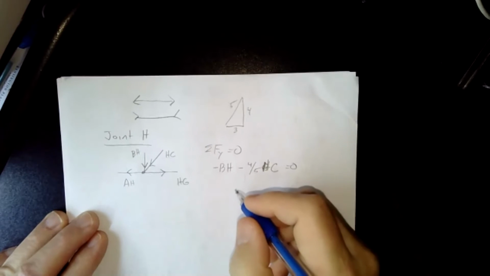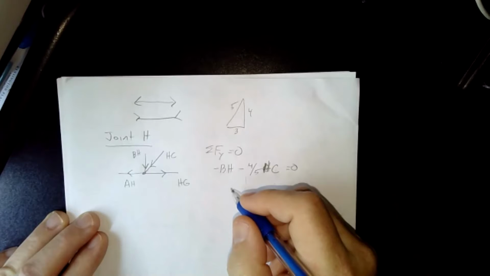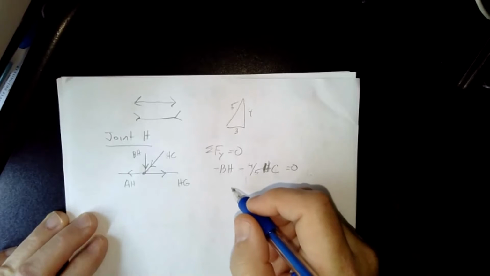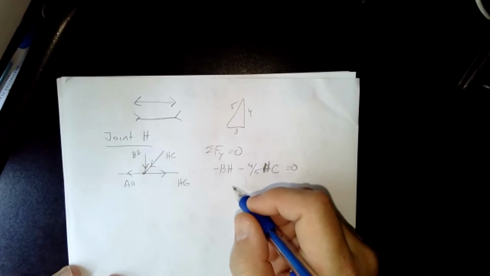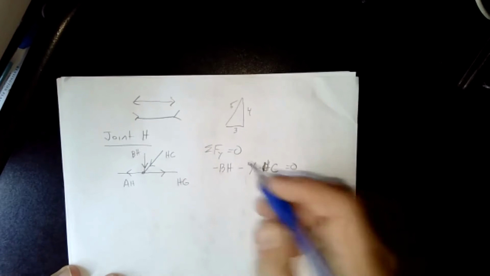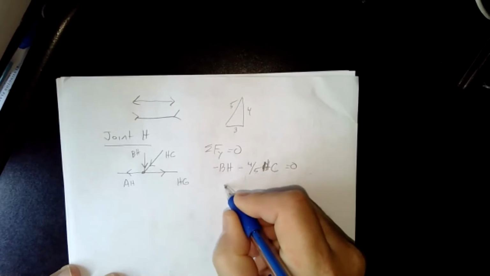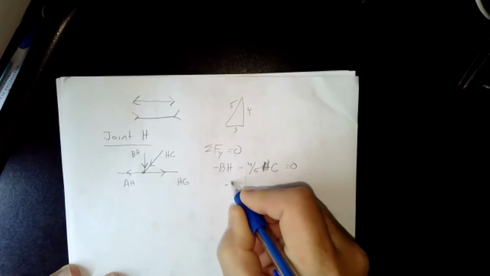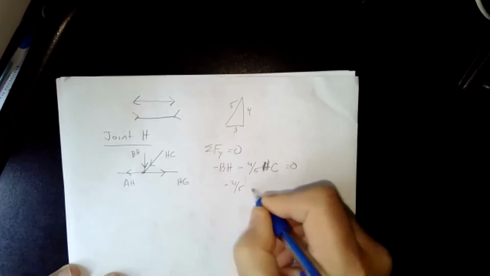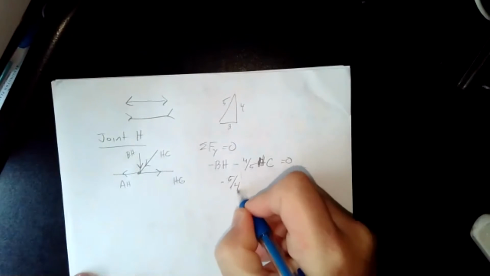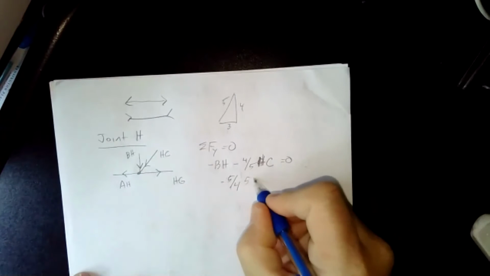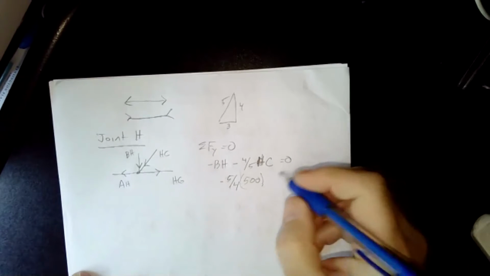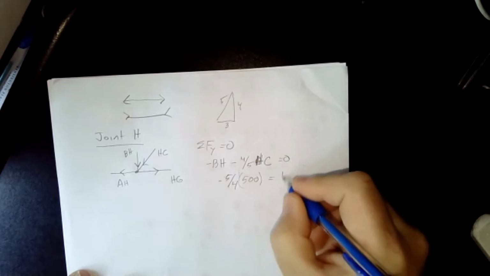And so what we get is, now we know that BH was what? It was 500. So it's basically negative 5/4 of 500 equals HC.